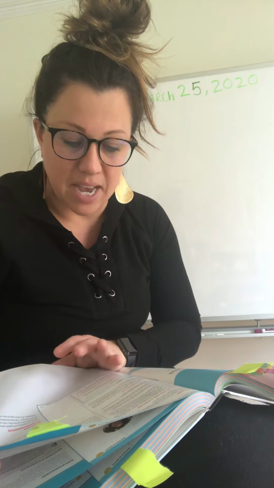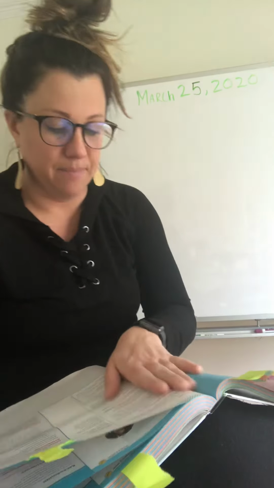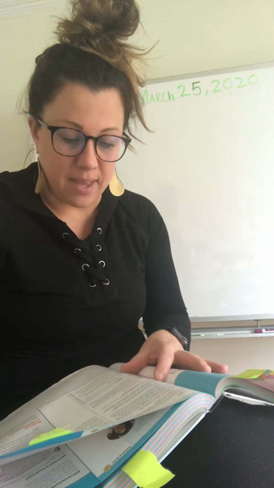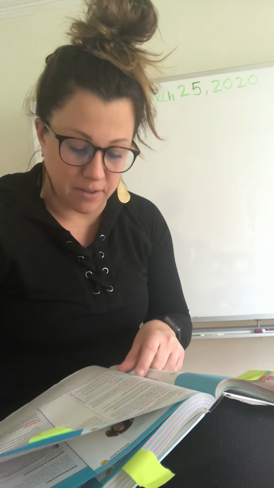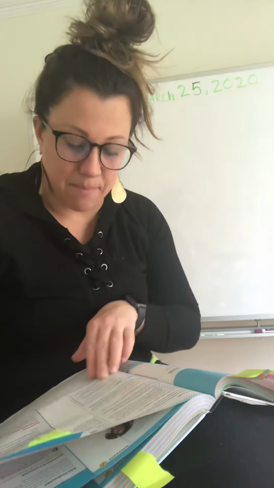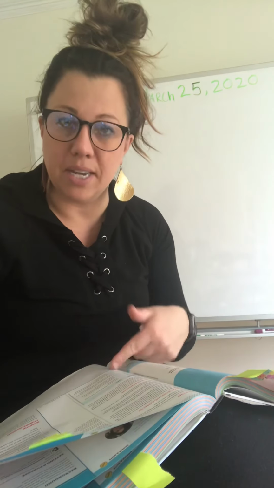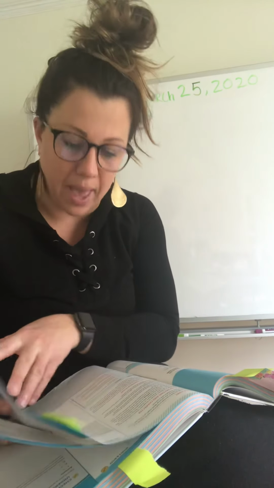To understand how setting affects characters, note how characters respond to historical and cultural events. Okay, and then there is Monitor Comprehension, that little blue box down there, a little chart giving you good examples on how to read to understand and comprehend well the story that you're reading, okay?